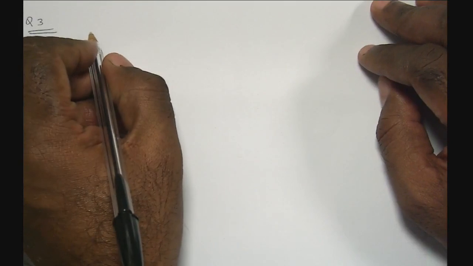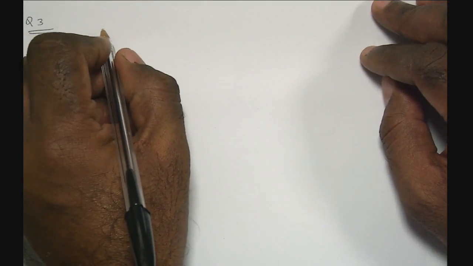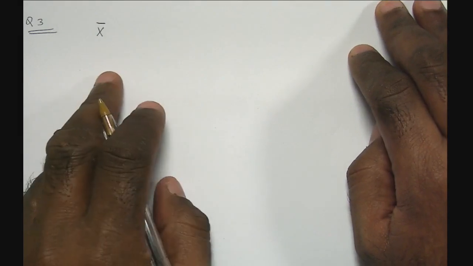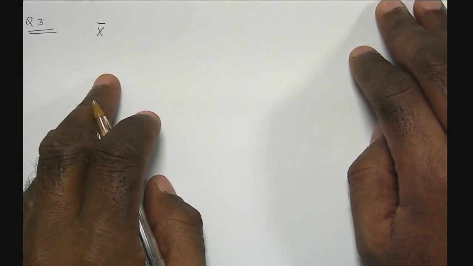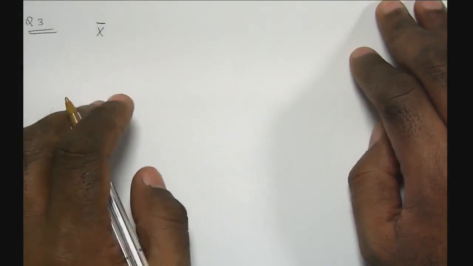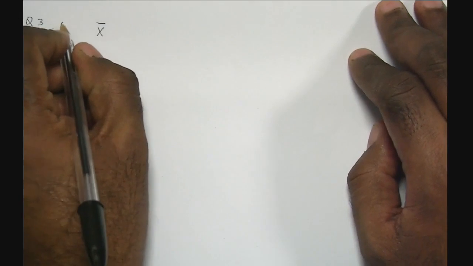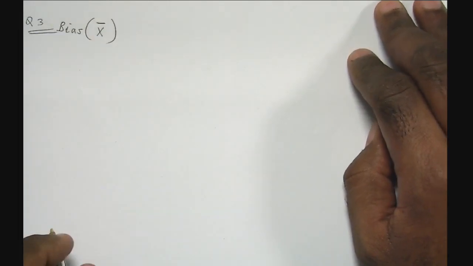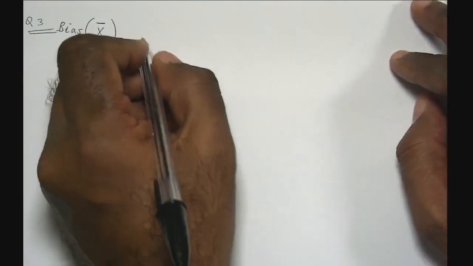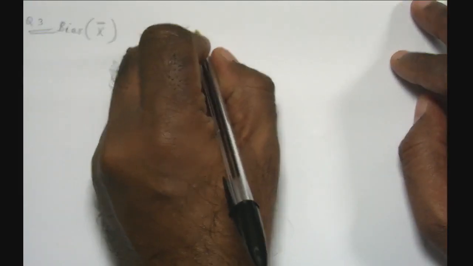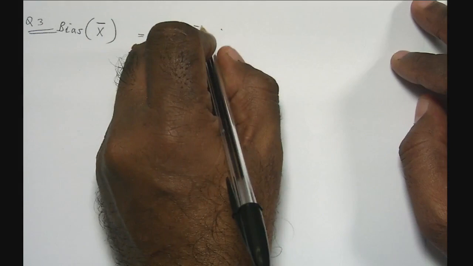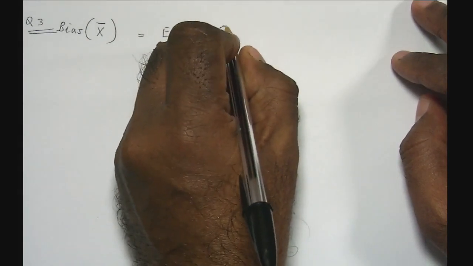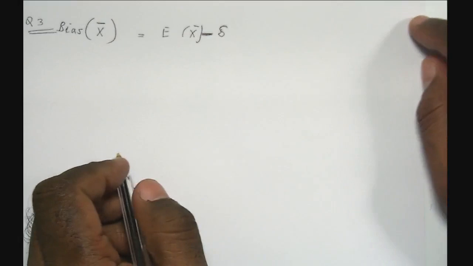So the first part is you have an estimator, which is x bar, and x bar is an estimator for delta. We want to show that the bias of this estimator is different from 0. This is the definition of bias.